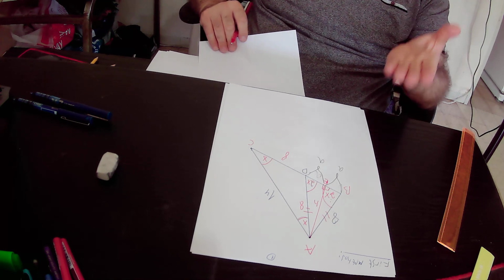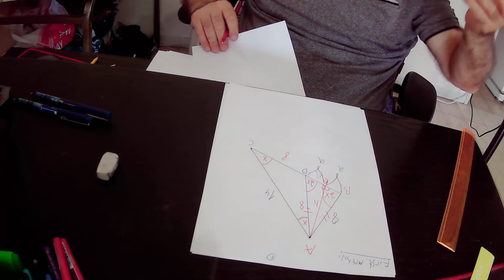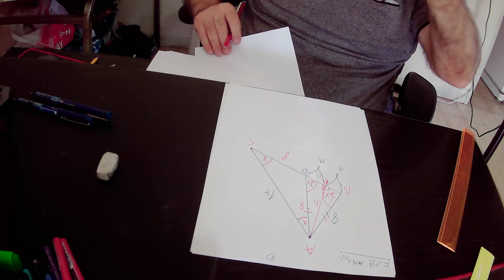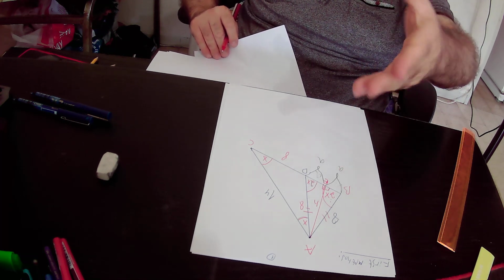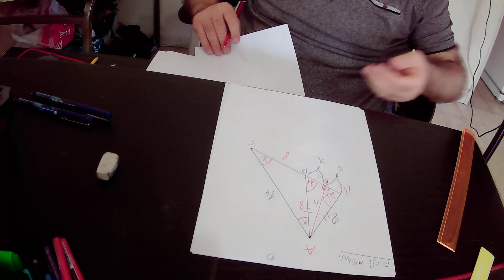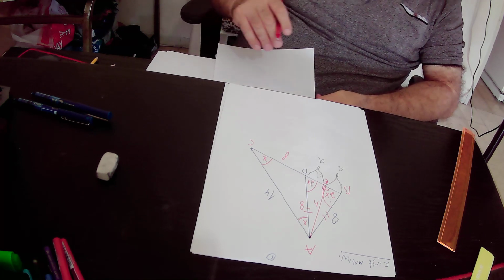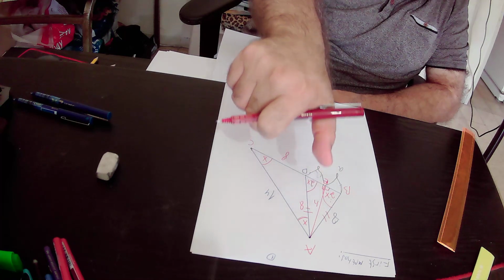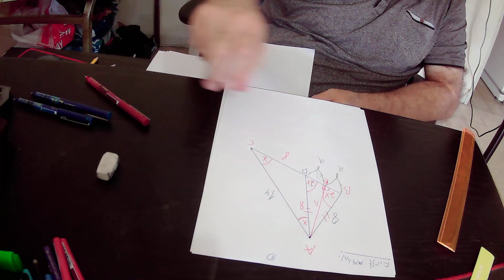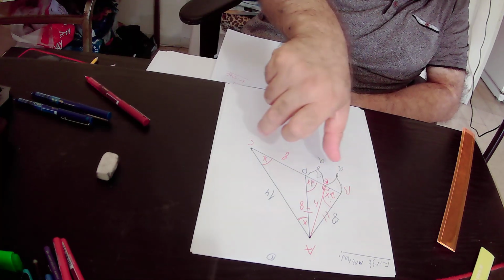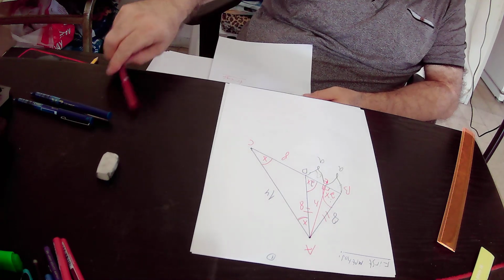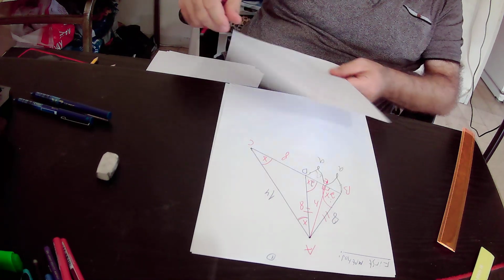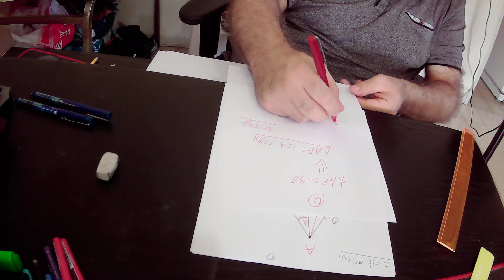Because triangle AEC is a right triangle, we can implement the Pythagoras theorem on the right triangle AEC. According to the Pythagoras theorem, the square of the hypotenuse equals the sum of the squares of the perpendiculars. So this will be equation number 2.